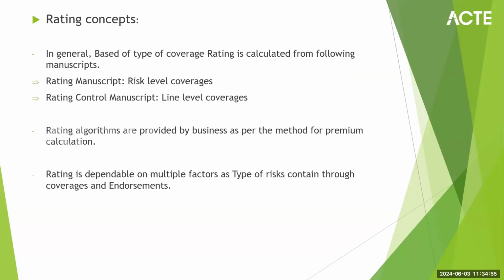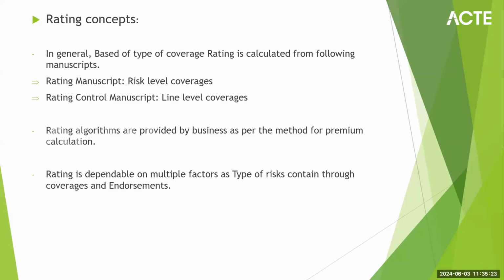Rating concept, in general: based on the type of coverage, rating is calculated for the following manuscripts. We have two coverage levels in Duck Creek, risk level and line level. For the rating manuscript, we use risk level coverages.